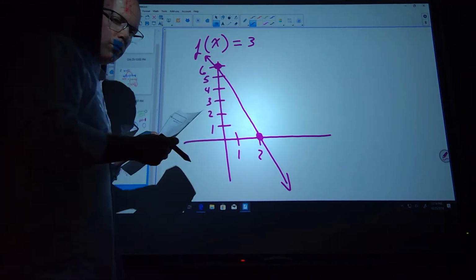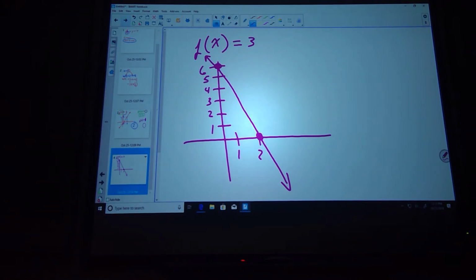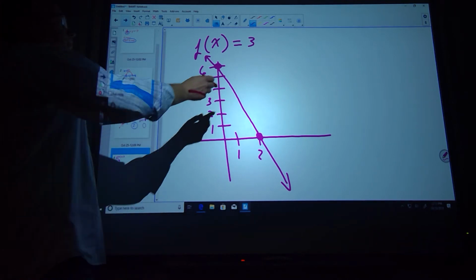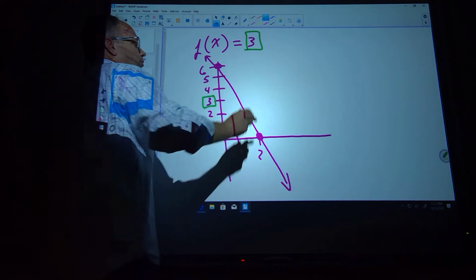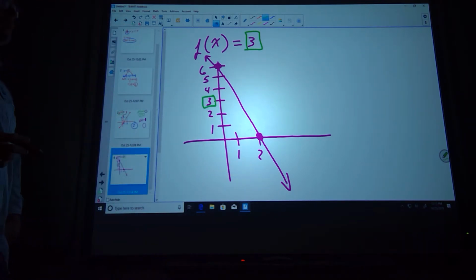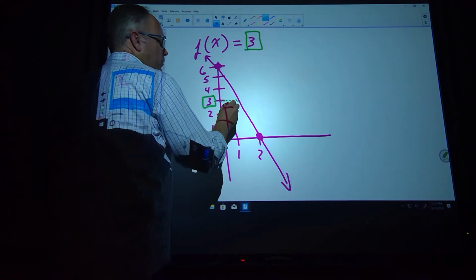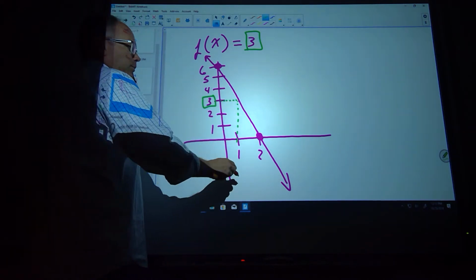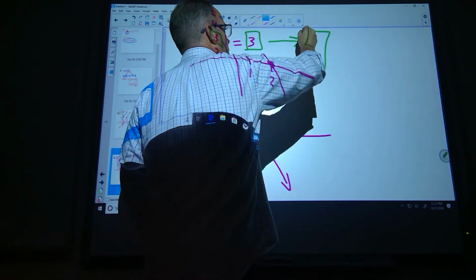Okay. This is the exact same thing as the last type of problem. So where am I going with the 3? Going 3 up. So I'm going right here. Is that okay? So what do I do from there? Go 1 across. Okay. So it looks like the answer to this is 1.